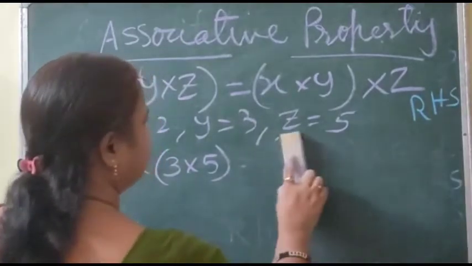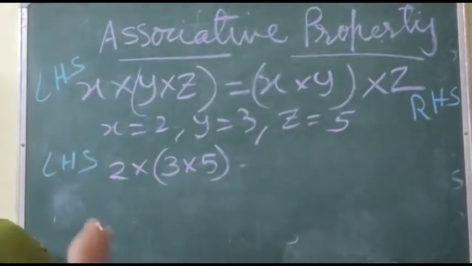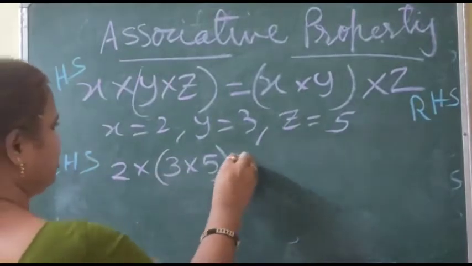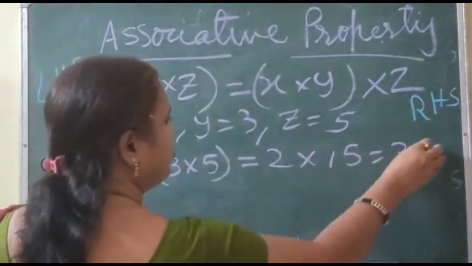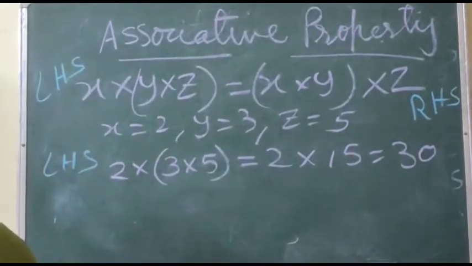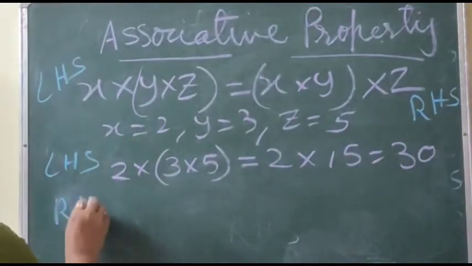First solve the left hand side. This will be equal to 2 into 15, and this is equal to 30.